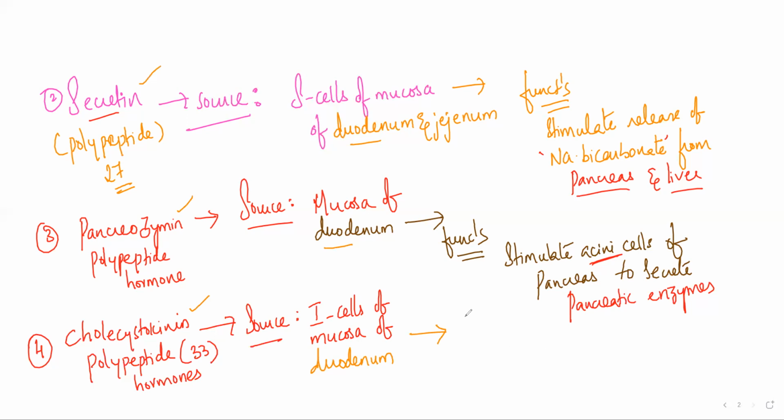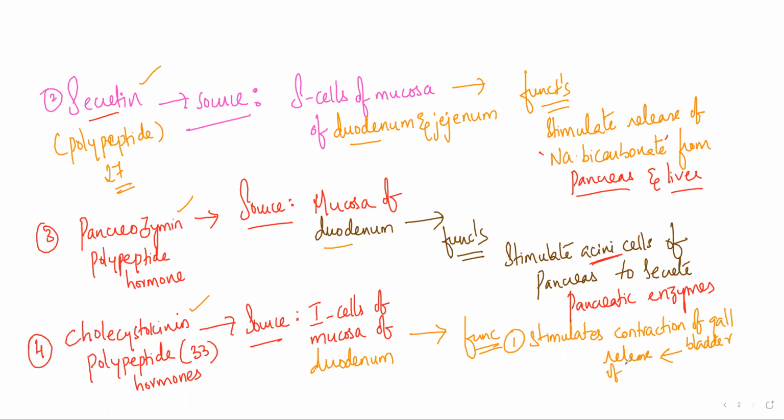Talking about the functions, children. The first function of the cholecystokinin is that it stimulates the contraction of gallbladder. Okay, and if it contracts, it is related with the release of bile, right?